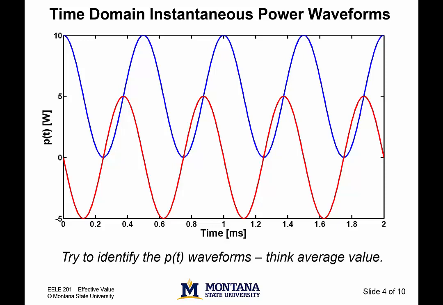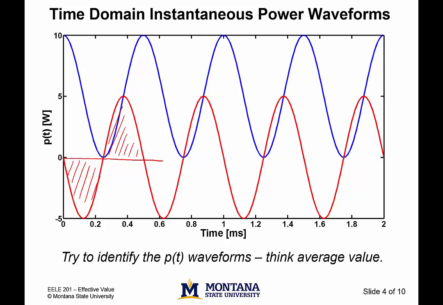Notice that the average value of the red waveform is 0. So again, here's the 0 axis here. We know that below and above the axis, the red waveform has equal area, and so the integration will result in 0. Recall that average power is found by integrating the instantaneous power over a period and dividing by the period.